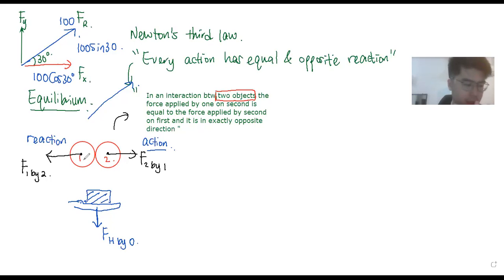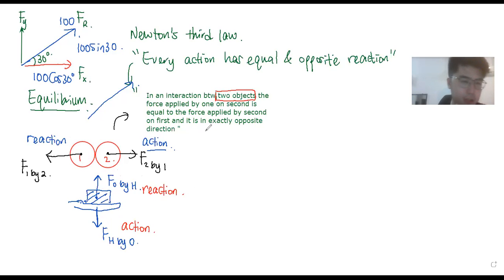At the same time, my hand produces a reaction on the object, force on object by hand. Action and reaction. Which one is the action? The weight of the object is the action. Which one is the reaction? The force produced by my hand is the reaction.